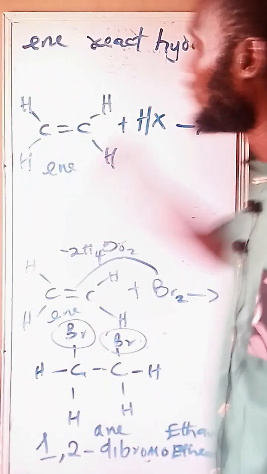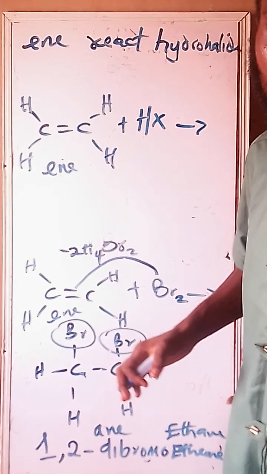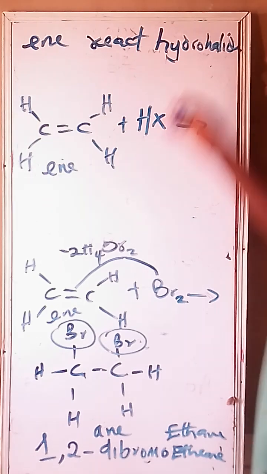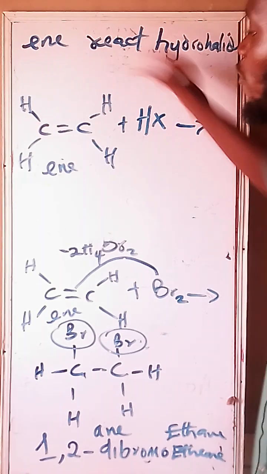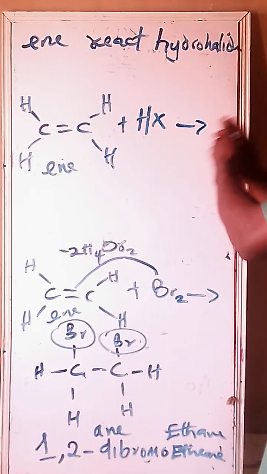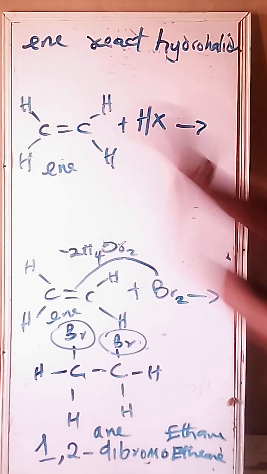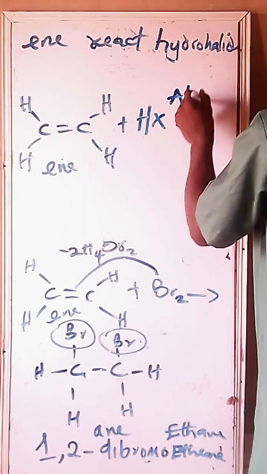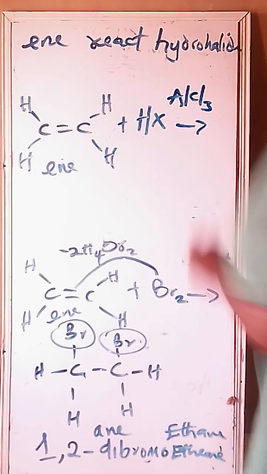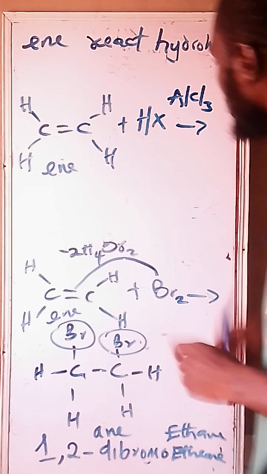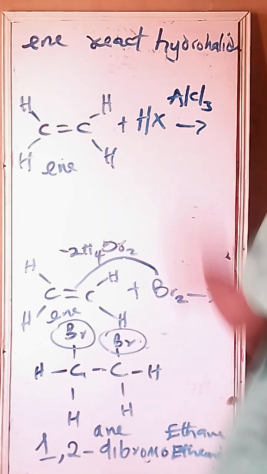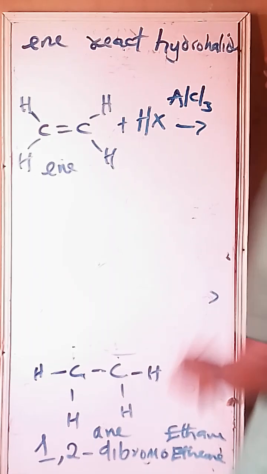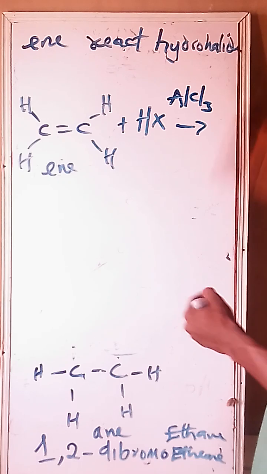Even for those preparing for SSCE, when WAEC or JAMB asks you what catalyst speeds up the rate of this reaction to form the product, it is aluminium 3 chloride. This is the catalyst involved, so please cram that. The catalyst involved is aluminium 3 chloride.